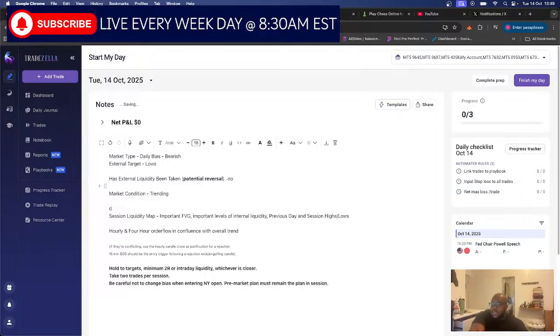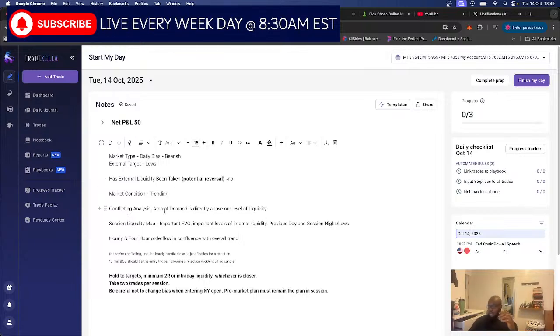We have conflicting analysis, area of demand is directly above our level of liquidity. So I'm still going to mark on here important demand zone, directly above liquidity.